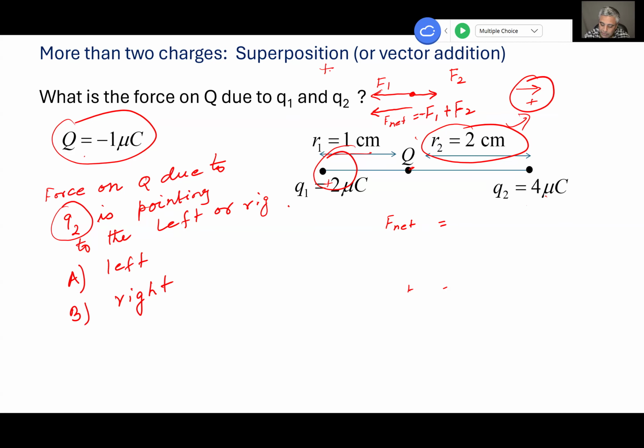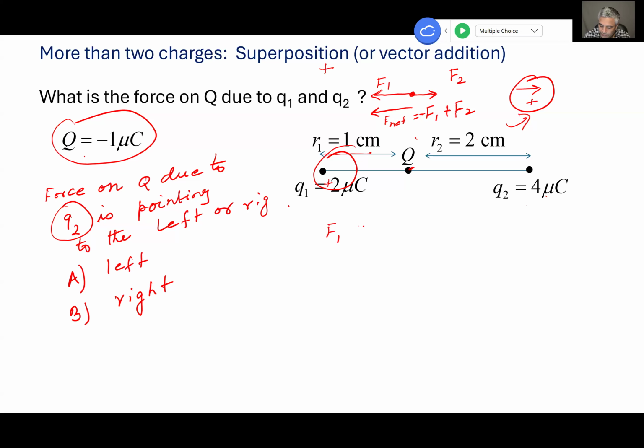If you choose the other direction as positive, you can do F2 minus F1. But anyway, you find the net by taking the difference because they are pointing in opposite directions. That's how systematically you have to go about solving this problem. Conceptually, this problem is done. The only thing remaining is just doing the dirty work. Hopefully the calculator helps us, right?